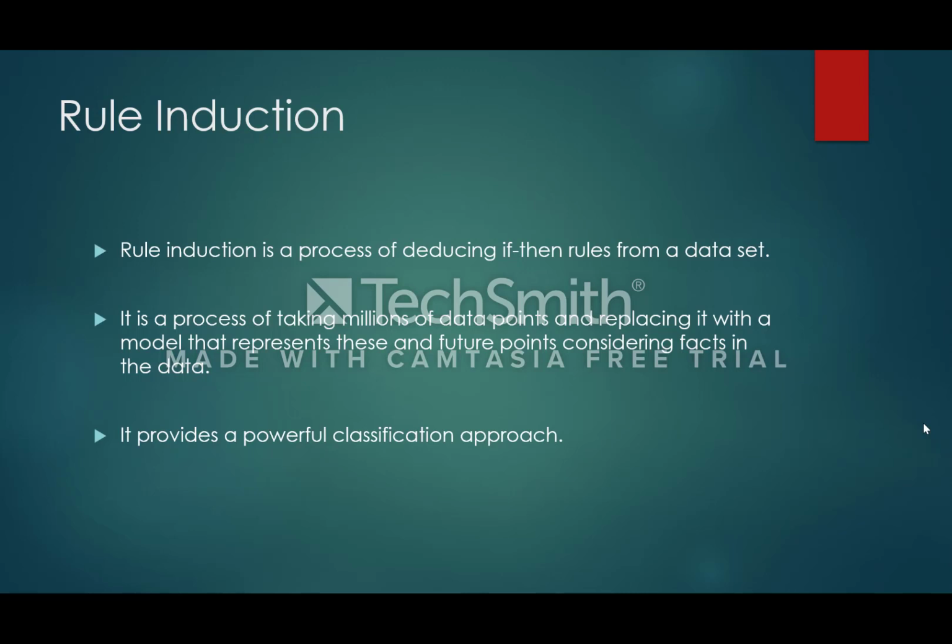It is a process of taking millions of data points and replacing them with a model that represents these and future points, considering facts in the data. It provides a powerful classification approach, and learning general rules means taking millions of data points and replacing them with a model. Decision trees are the implementation of rule induction.